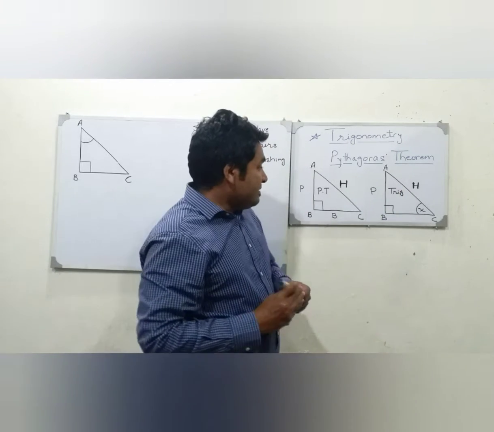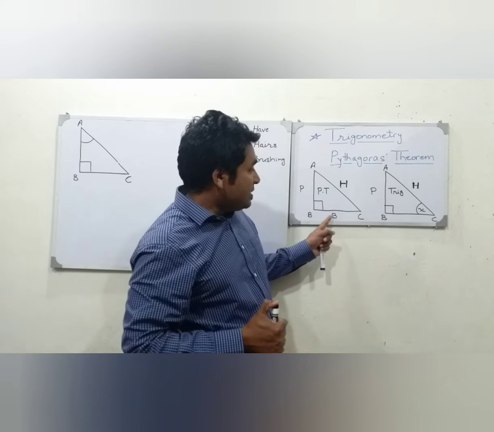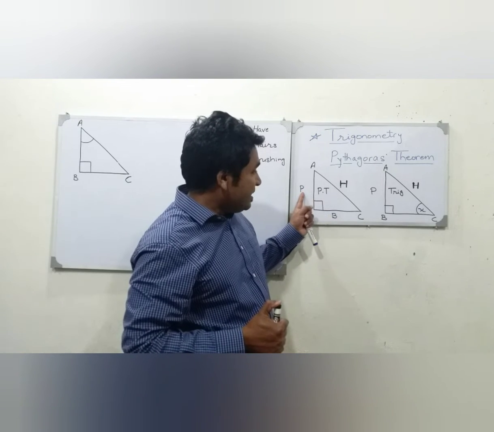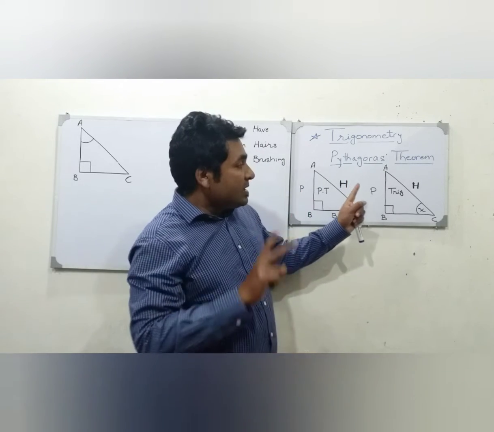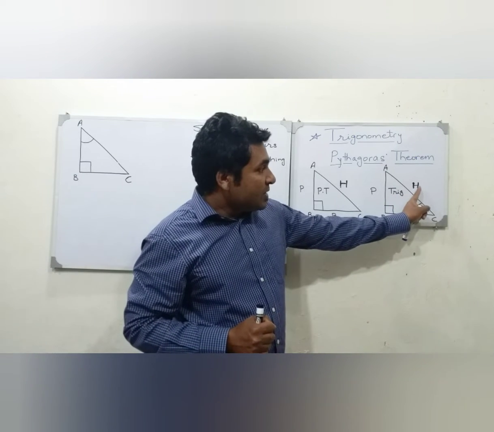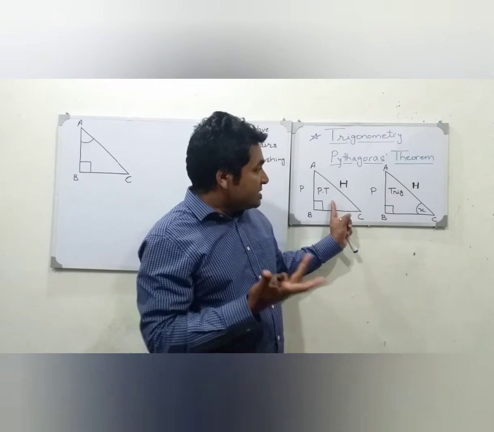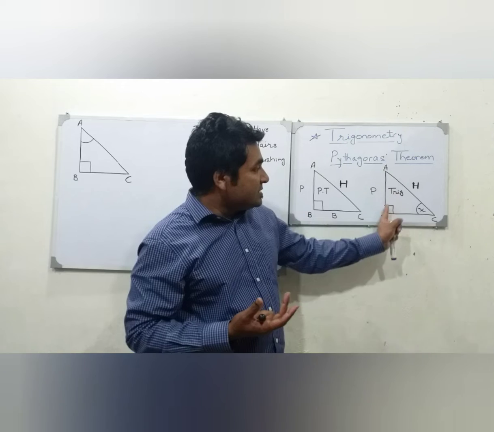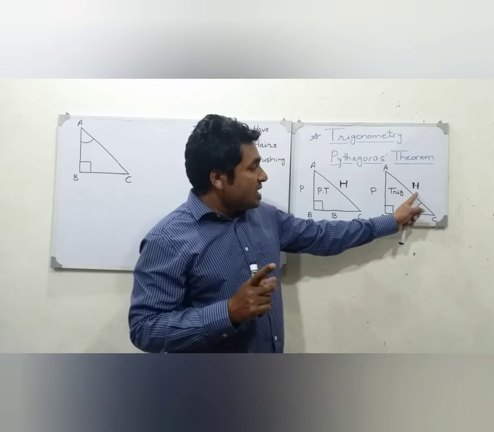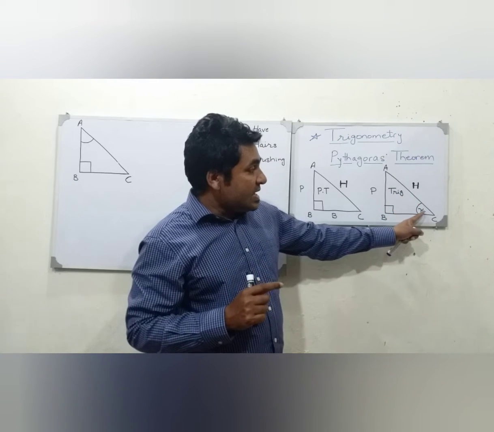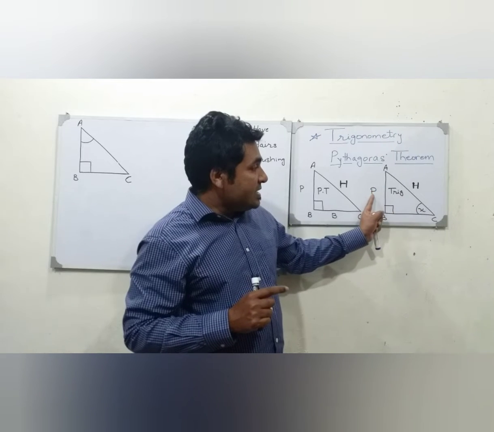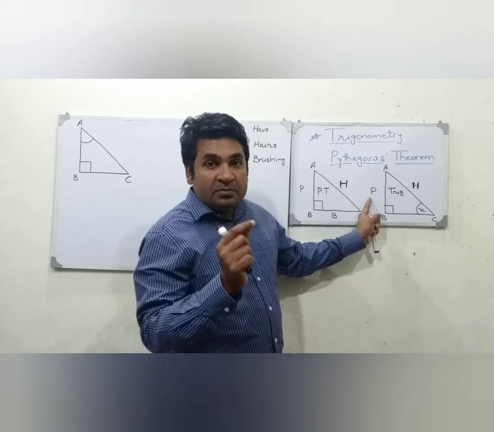Look, here we had a choice. We can call it perpendicular, we can call it perpendicular. Hypotenuse is fixed, but here two sides are not fixed. Pythagoras theorem tells us that the side opposite to the 90-degree is hypotenuse, and this angle tells us the side which is called perpendicular.